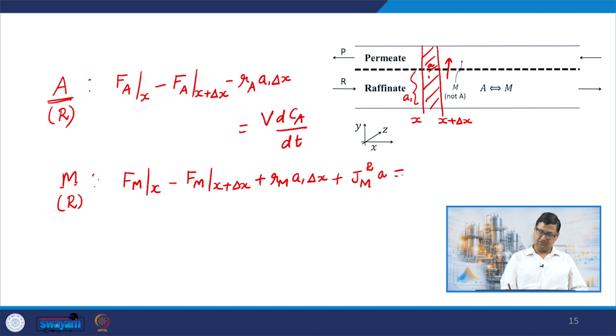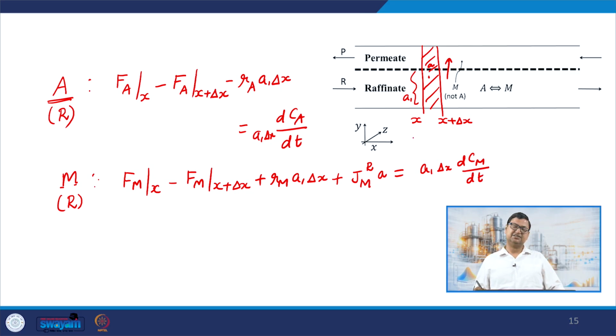Similarly, we have to write the mole balance for the permeate phase for the component M. A is anyway not going there, right? By the way, this is unsteady state. So, sorry, it is not V, it should be delta V, so A1 delta x dCM by dt, where A1 is the cross-section area in the raffinate phase, right?